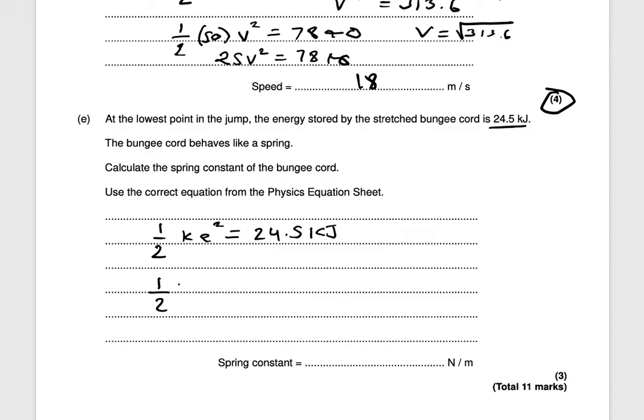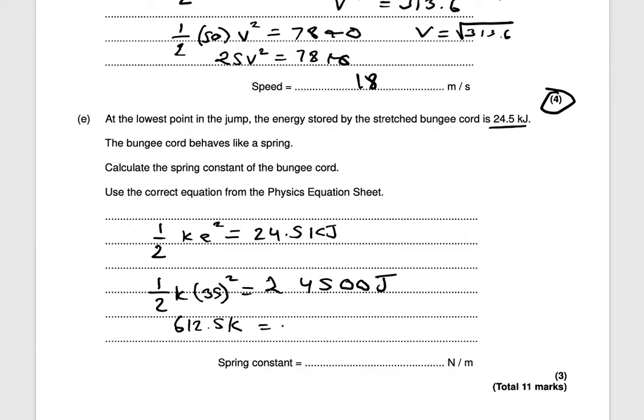So half k 35 squared is equal to, remember we need our energy in joules and not kilojoules, so we can just multiply that by 1000. That's going to give us 24,500 joules. Now 35 squared is going to give you 1225, and remember you need to half it, so divided by 2, that's going to give you 612.5 k.